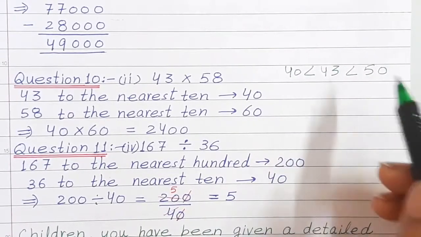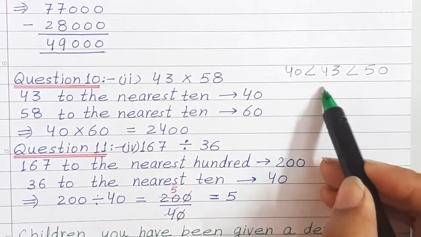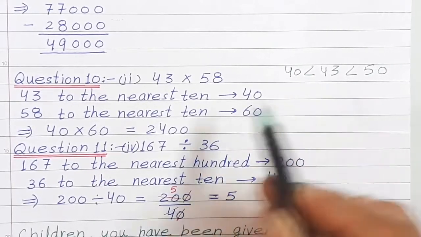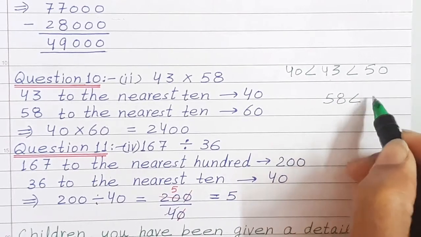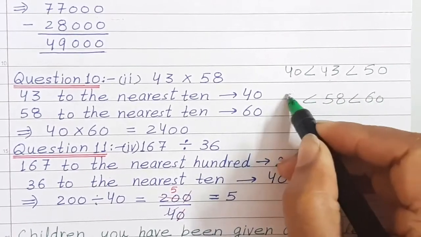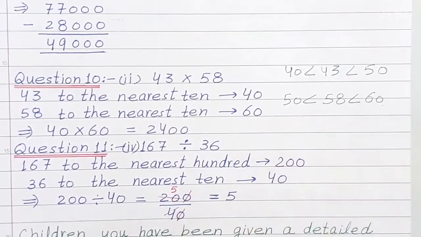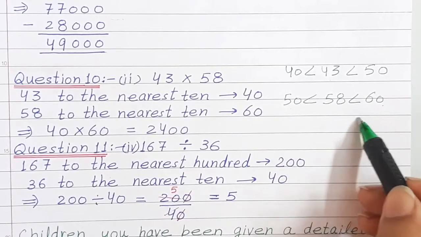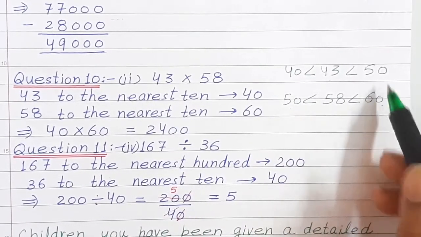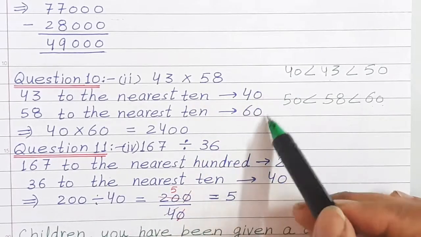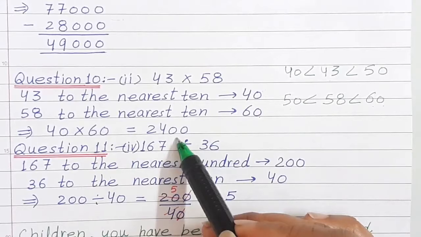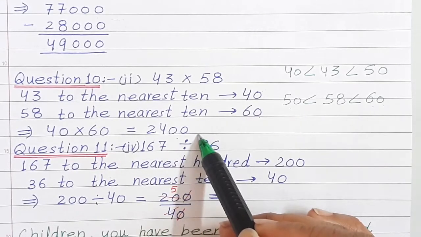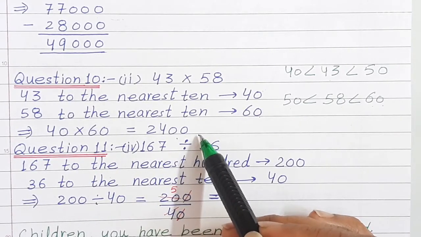So 43 is near to 40. Similarly, 58 is lying between 50 and 60, and it is near to 60. So that's why we have converted them. Now 40 multiplied by 60, the answer is 2400. I hope it is clear to everyone.